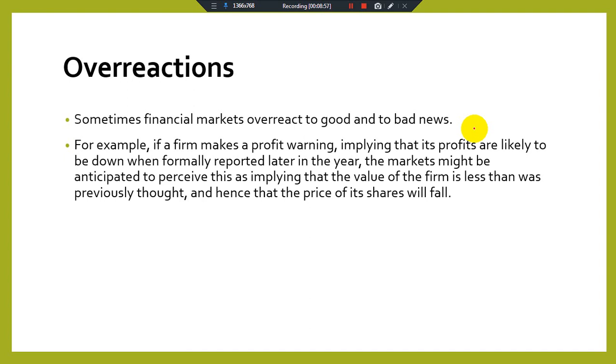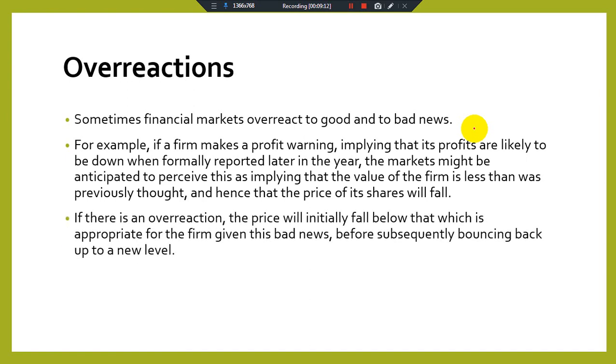So sometimes overreaction will also need the lagged or difference or dynamic structure for understanding the true value of the shares in the market. Okay, if there is an overreaction, the price will initially fall below that which is appropriate for the firm given this bad news, before subsequently bouncing back up to a new level.